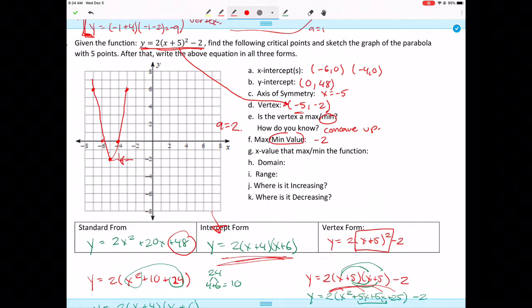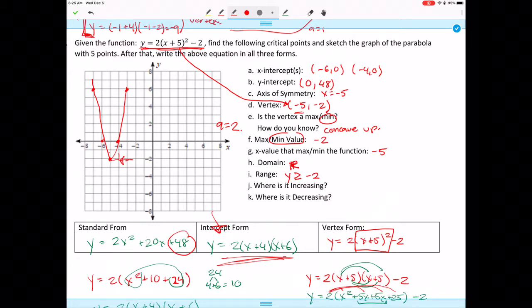And then the x value that gives you that minimum is going to be our -5. Domain will still always be the same, all real numbers, or any of the other ways you could write it. Range, so it's going to be all y values that are greater than or equal to -2.